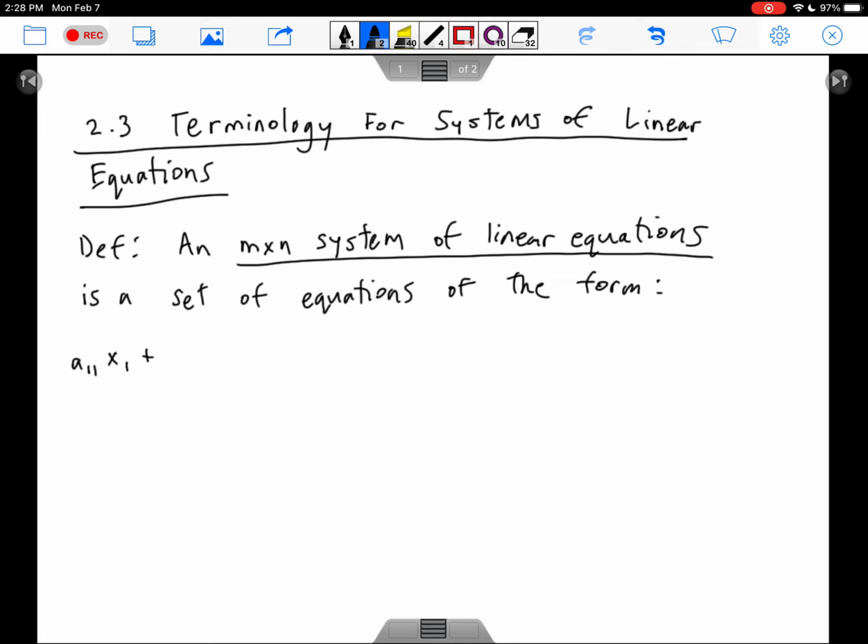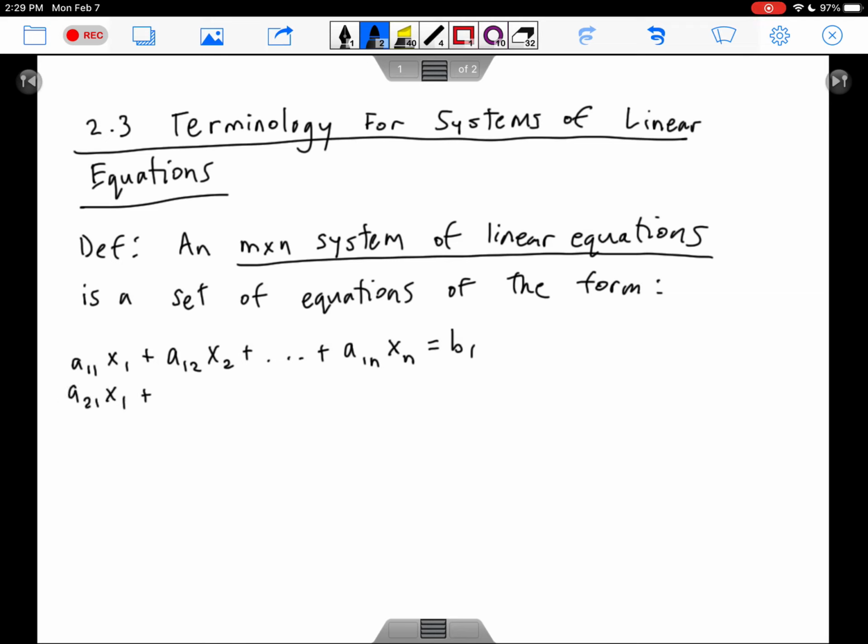A11 x1 plus A12 x2 plus A13 x3 goes all the way down until A1n xn is equal to B1. So that would be our first equation.